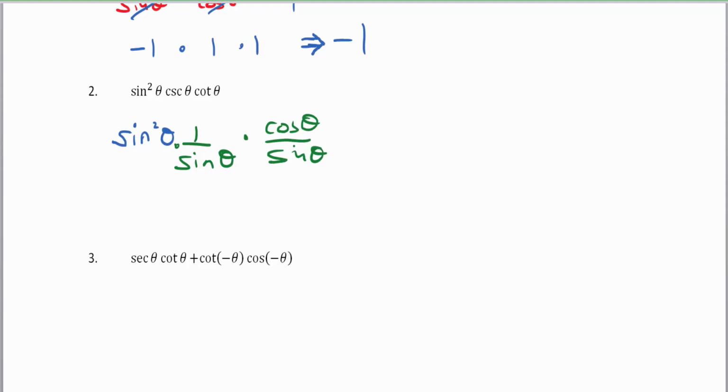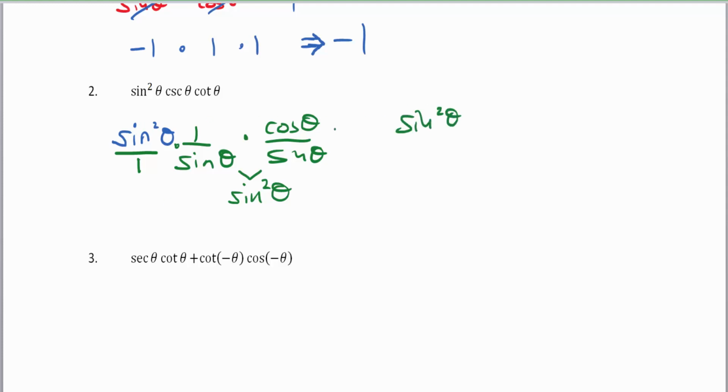Okay, so if we put this over 1, we now can do some cross-canceling. You can also, if you'd like to, combine these, because sine times sine is sine theta squared, and we can move that to the inside if we'd like. All right, so now what we have is the sine squared theta.